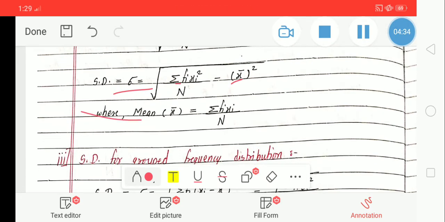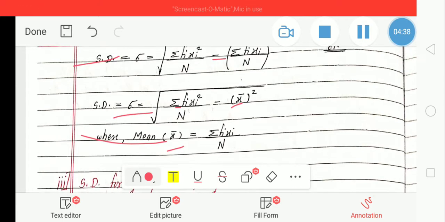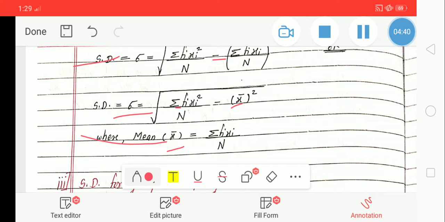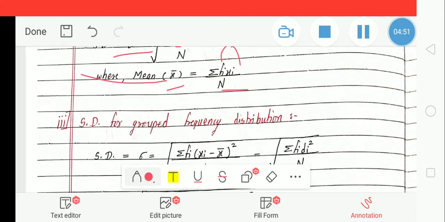Here the mean x bar is equal to the summation of fi xi divided by n, xi multiplied by fi.